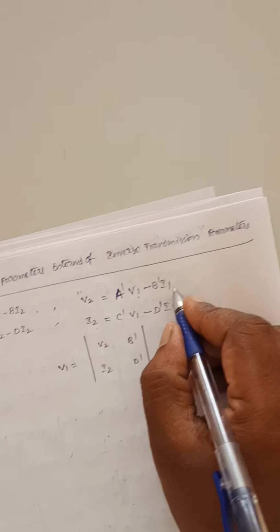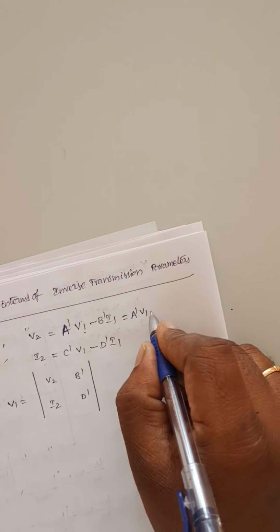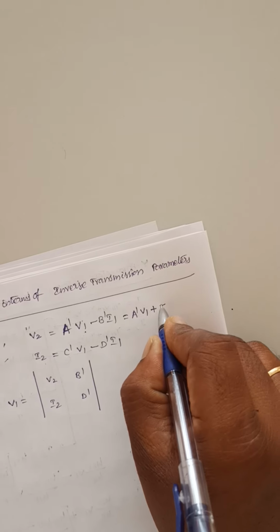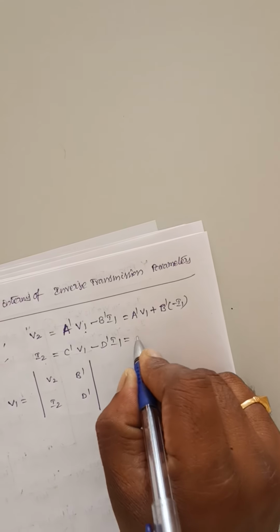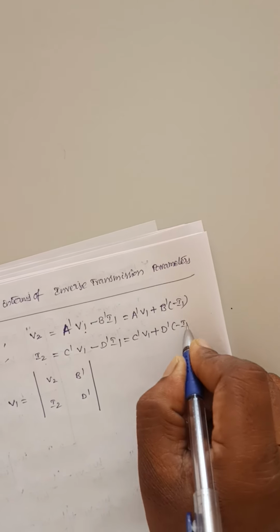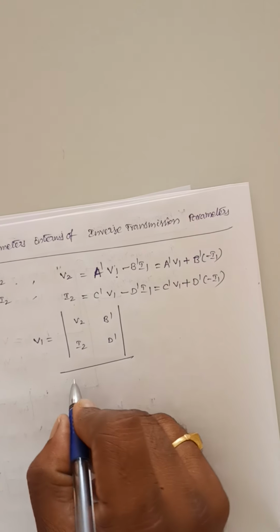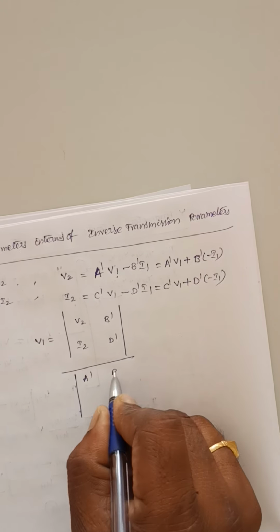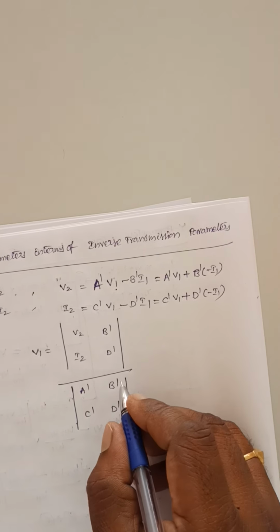Because I am writing these equations like this: a dash v1 plus b dash into minus I1, similarly c dash v1 plus d dash into minus I1, and so on.